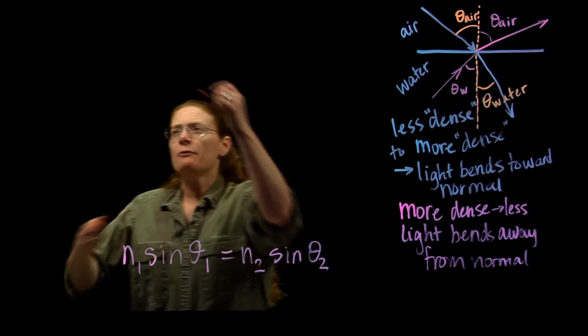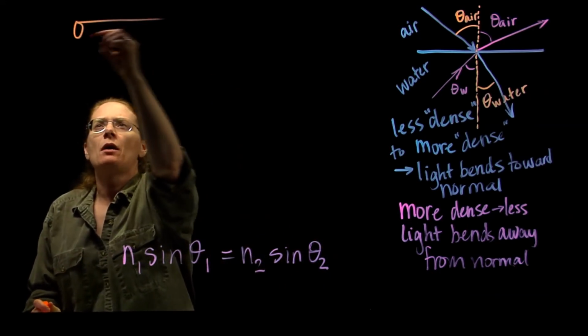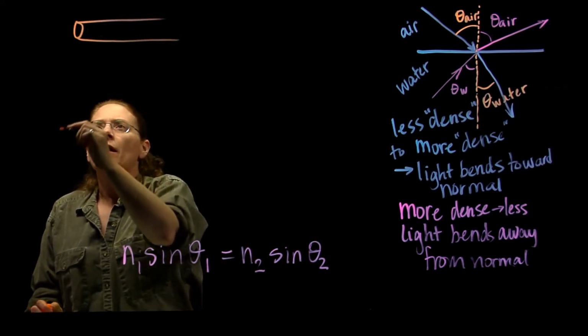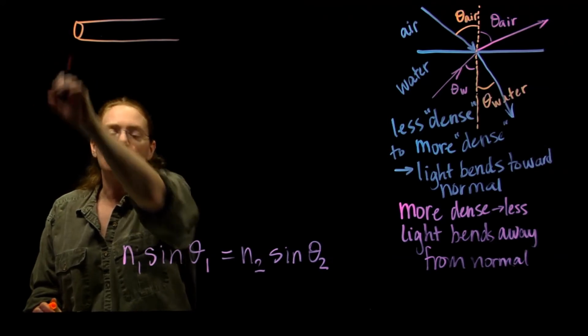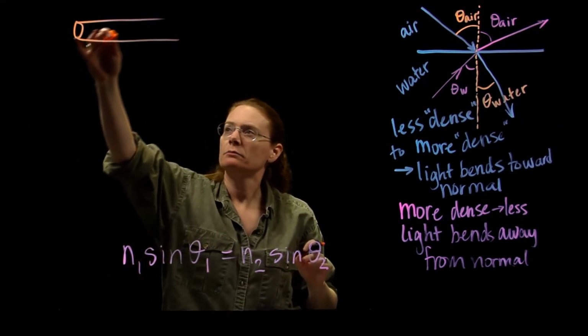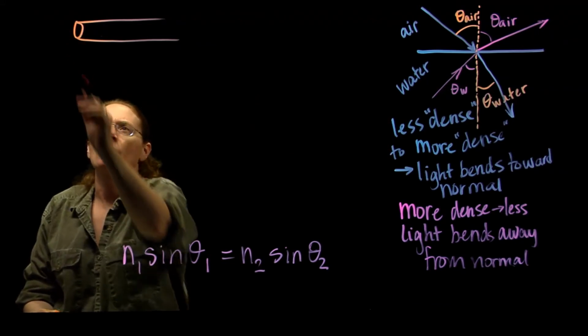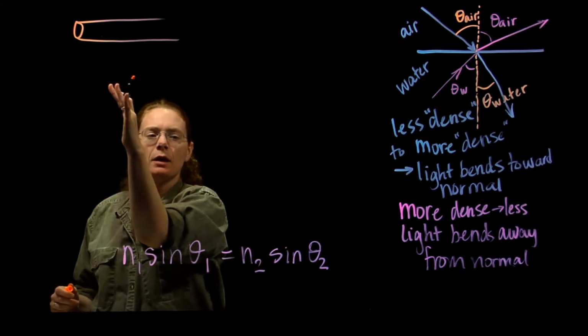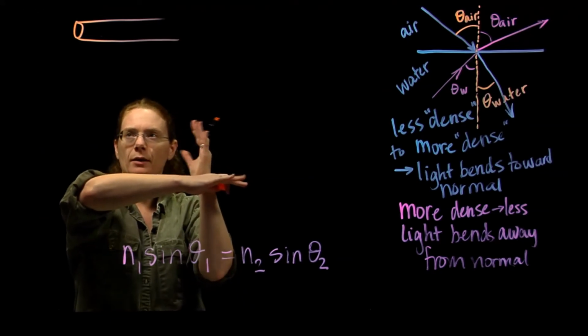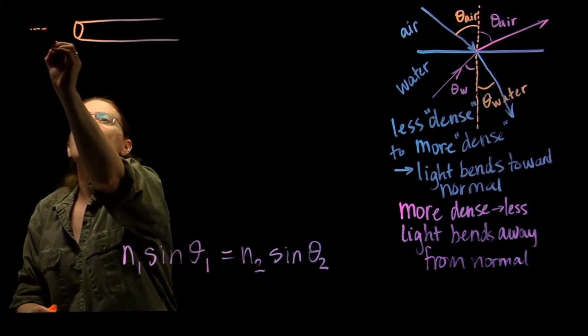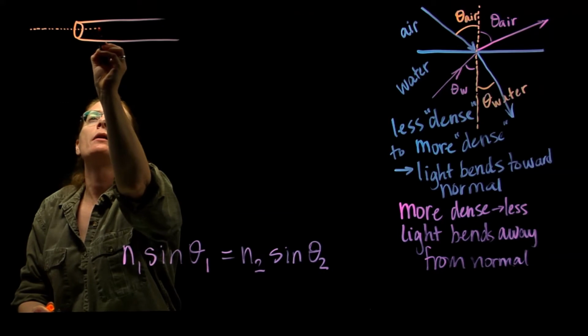All right, so we have a fiber optic cable, so just a long cable. And we're going to have light hitting the end of the cable and going from the air into the cable. Now, this is the surface it's going to hit. So if the surface it's going to hit is like this, the normal is perpendicular. So my normal line is going to be drawn like that.